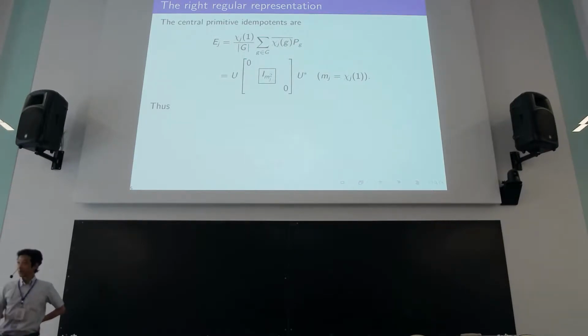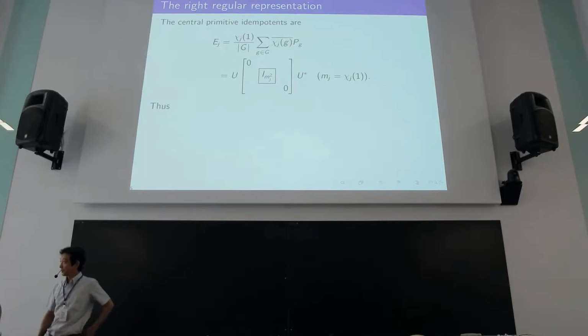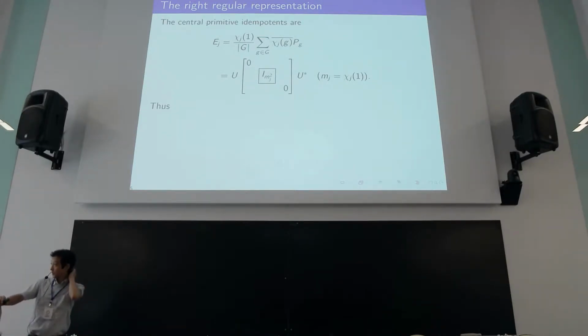So let me begin with the right regular representation. We already discussed what the central primitive idempotents are, because they come from the center, and we explicitly computed what they are.